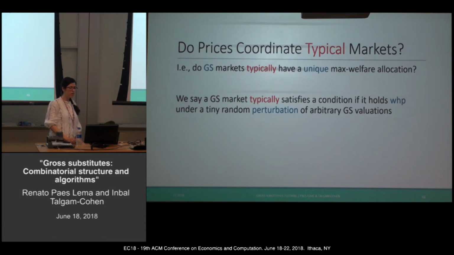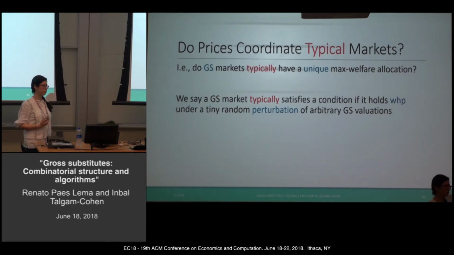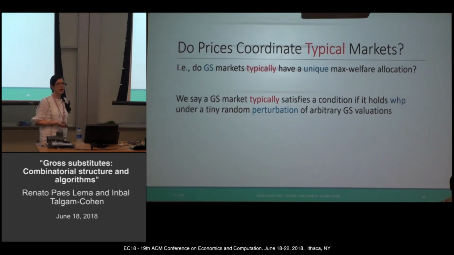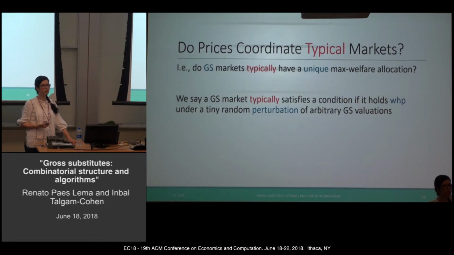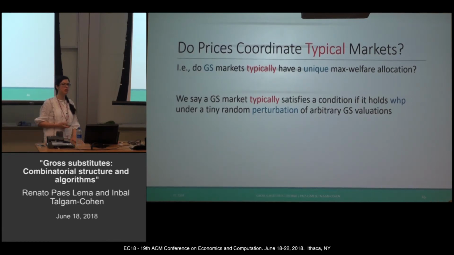So here's why I think it might seem like a very strong condition, having a unique welfare maximizing allocation. Does this ever happen? Is this typical in gross substitute markets? So I claim that it is, and this is a claim that's a bit hard to make.